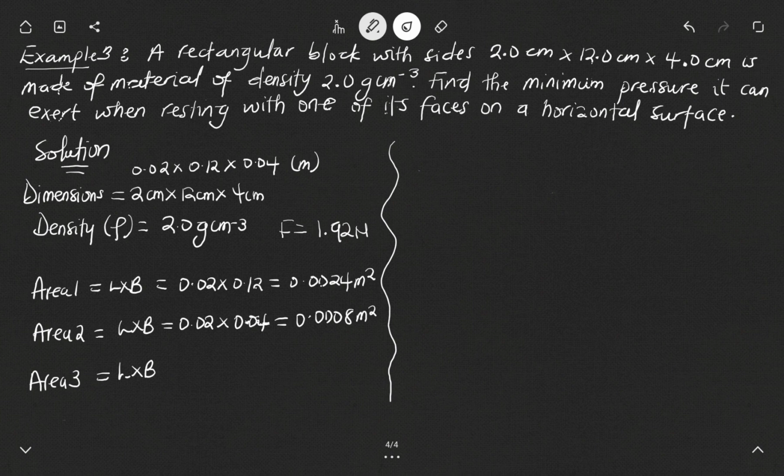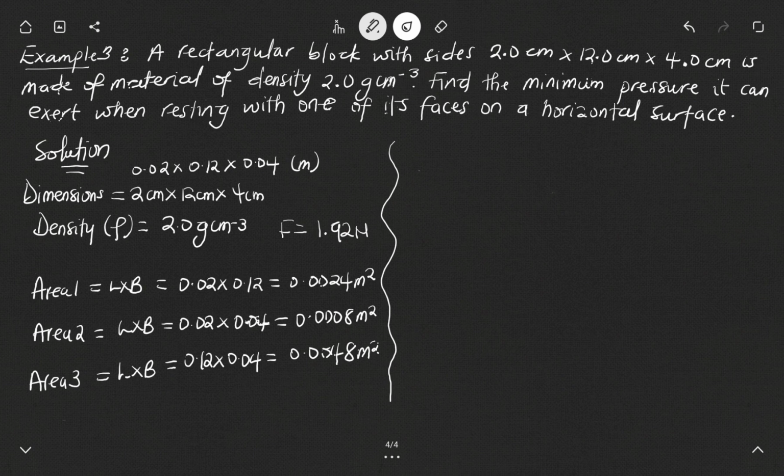Now the last one will be between 0.12 and 0.04, so that will become 0.12 multiplied by 0.04, and that will give me 0.0048 meters squared. This will become my area 1, area 2, and area 3.